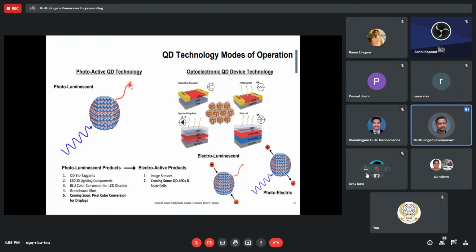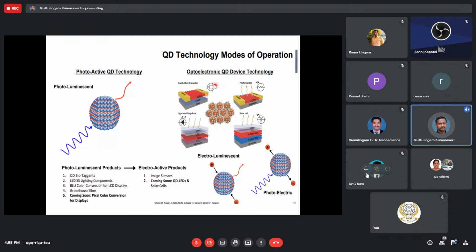It's like a color filter. The backlight is blue, and using the quantum dots you can get red. There is no electroluminescence, just photoluminescence. It's like a filter we are using at the moment, mostly used for LCD TV to make QLED TV.